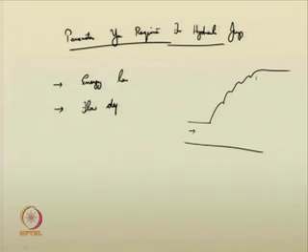Flow depth: if you are designing based on flow depth, you have an upstream flow depth, say y 1 here, and a downstream flow depth y 2 here. Based on the difference in flow depths, you can design the hydraulic jump.